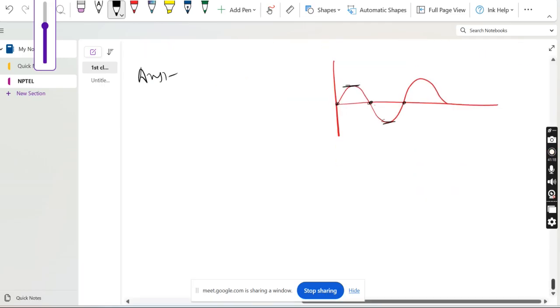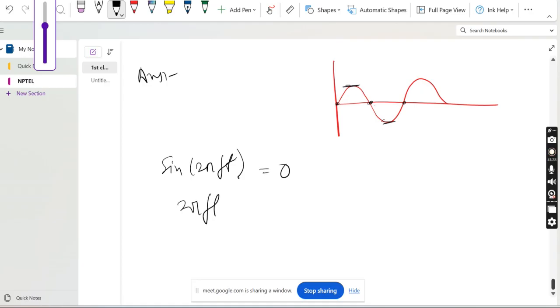and sine gets 0 at 0, 180 degree and 360 degree. So sine 2 pi ft will be 0 when 2 pi ft is equal to n pi. So basically t will be n by 2f. So first 0 we get at t is equal to 0, when n is equal to 0.